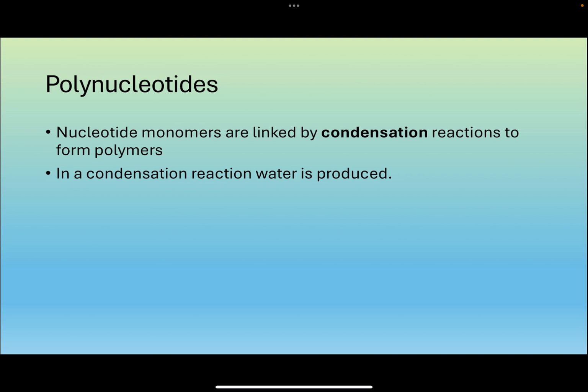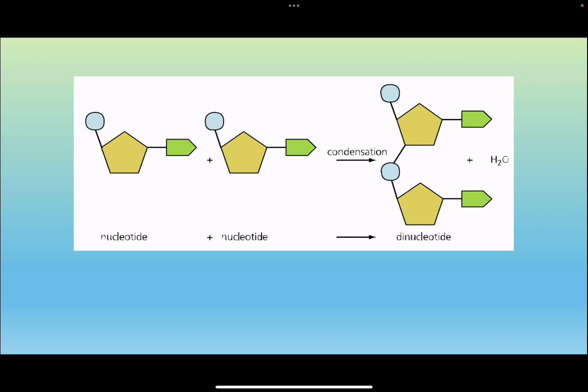So now we're going to look at how the nucleotides join together to form polymers, and this happens by a condensation reaction. So if you've studied other biological molecules, you might already be familiar with condensation reactions. In this type of reaction, water is produced. That's what makes it a condensation reaction. So here is a very, very simple diagram to show the 2 nucleotides.